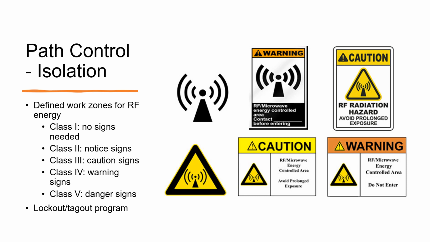Additionally, many places require the institution of lockout or tagout protocols, which consist of locks and tags being applied to energy isolating devices on hazardous equipment in order to prevent accidental exposure.